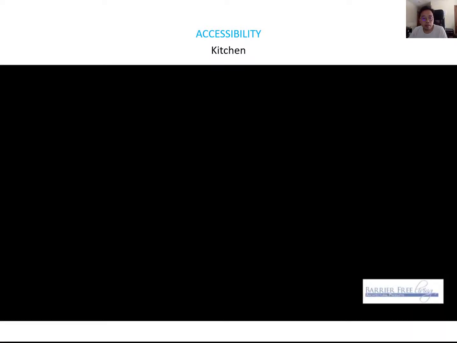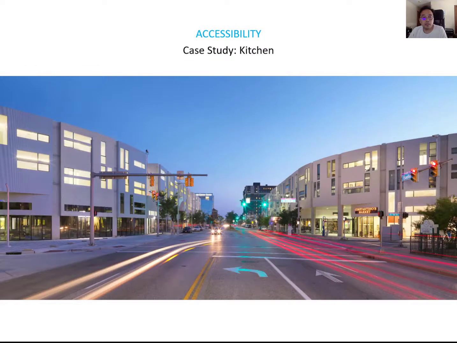Okay. So now we're looking at a case study here. When I was in San Francisco, at Stanley Saitowitz's office, I worked on this dormitory building for Case Western University. We used this building a lot to see the details and how we assemble, what about the cladding system, what about the waterproofing system.